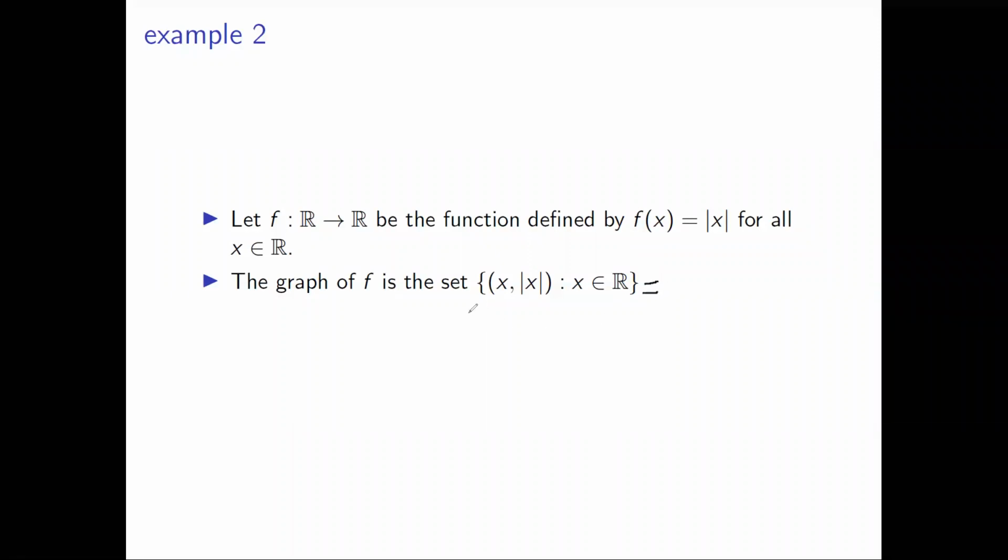So we can say this equals the set of x comma x for x in the non-negative reals, union with x comma minus x for x in the negative reals. We write the negative reals like this.